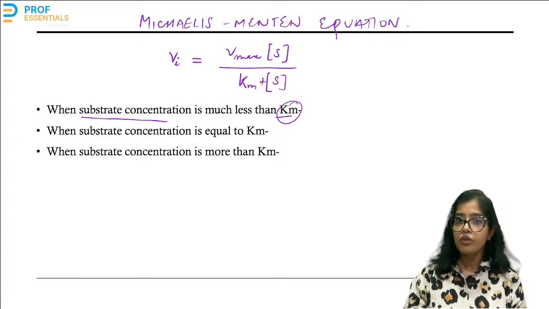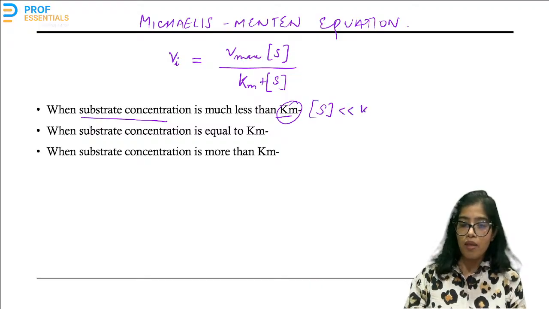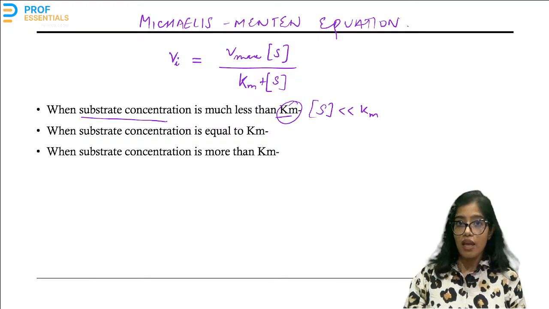So when the substrate concentration is very less compared to Km, then this S can be negligible compared to Km. Understood? So how do you write it? You write it as Vi is equal to Vmax upon, because this is very negligible compared to this, so this is Km.